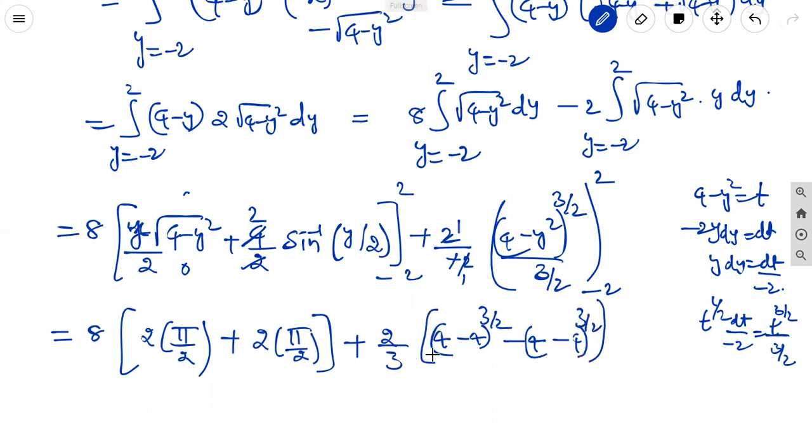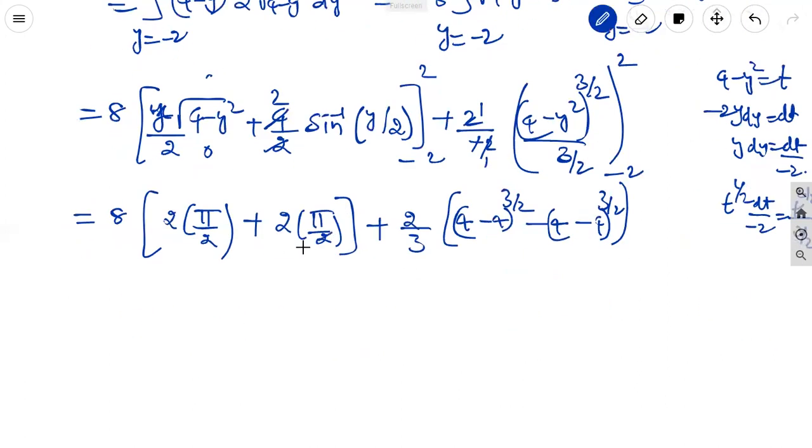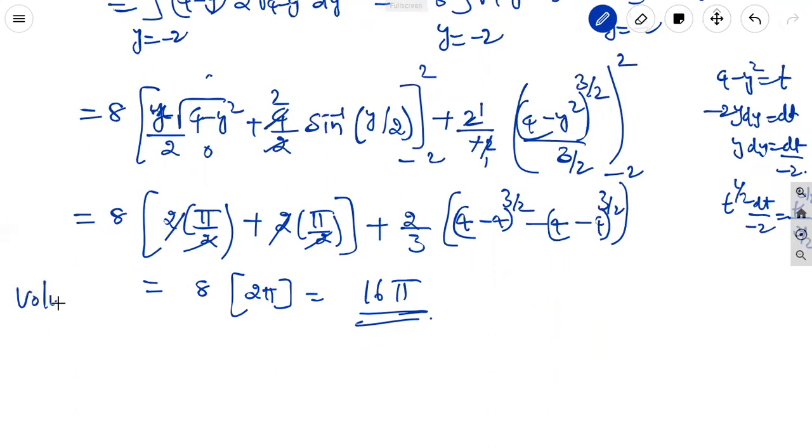So the second term is 0. In the first term, the 2s cancel, it is 8 into 2 pi, that is equal to 16 pi. The volume of the region is 16 pi.